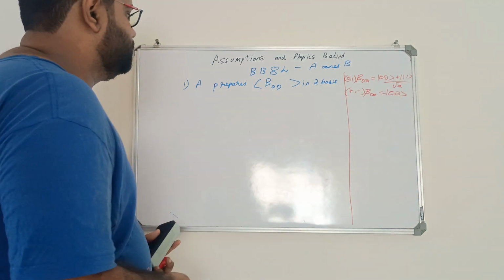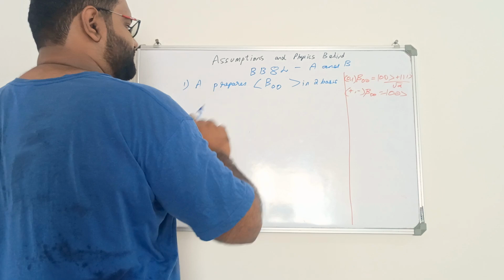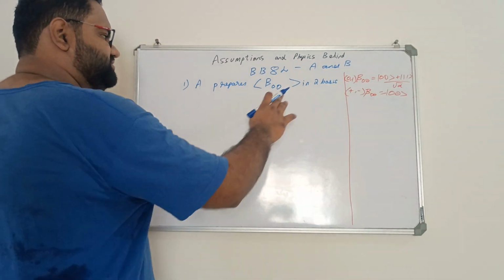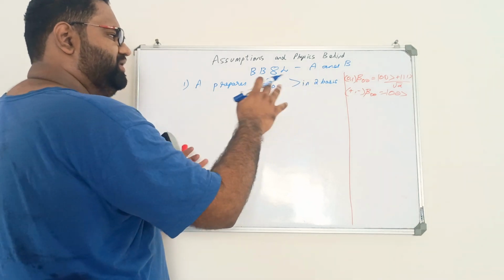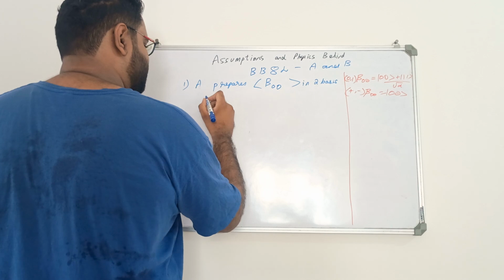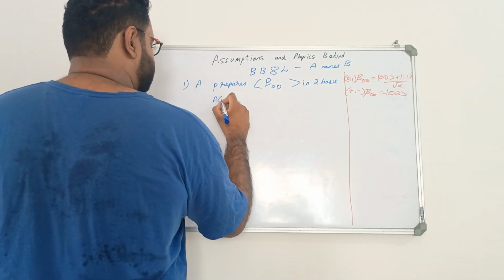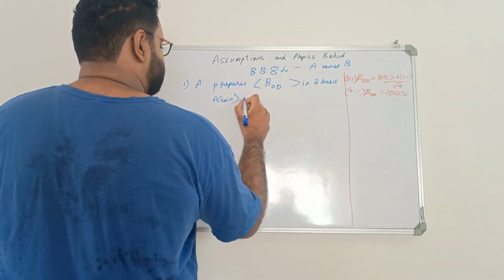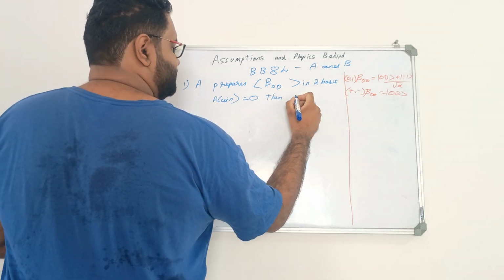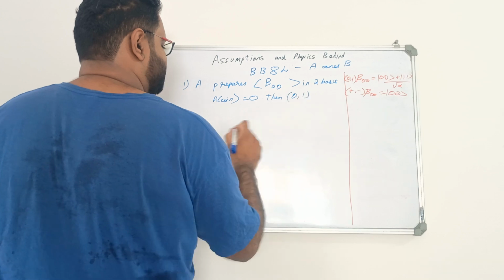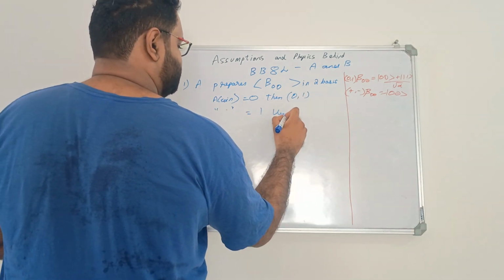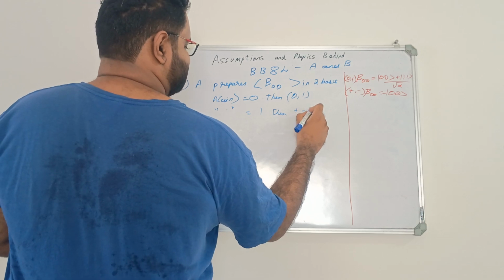So A prepares beta 00 in two bases, and these two bases are going to be randomized. Let's say that A throws a coin, and if it lands on 0, then 01 basis, and if it is equal to 1, then plus or minus basis.